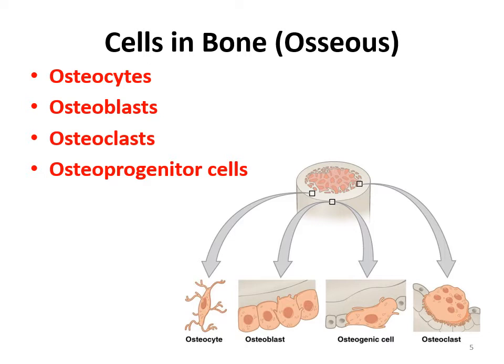The opposite of that are the osteoclasts, and for that one, you can circle Cl in clasts, because Cl will remind you of clean up. Osteoclasts are responsible for dissolving, for breaking down the bone matrix and removing any worn out bone cells.